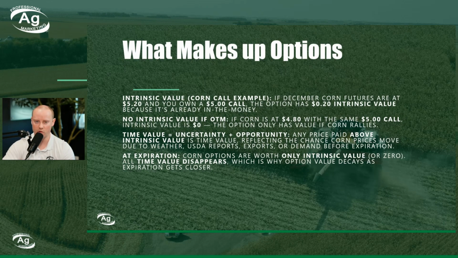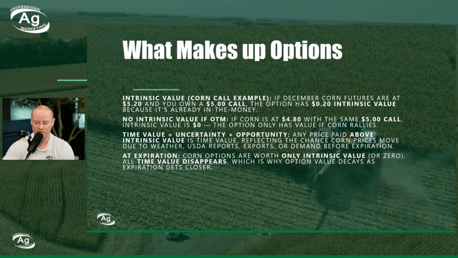So that's worth noting. You can look at this another way as well. If we're trading today at 4.70 and I own a 4.60 call, for example, the intrinsic value is 10 cents, but that call may be worth 20. So that would show there's another 10 cents of time value.